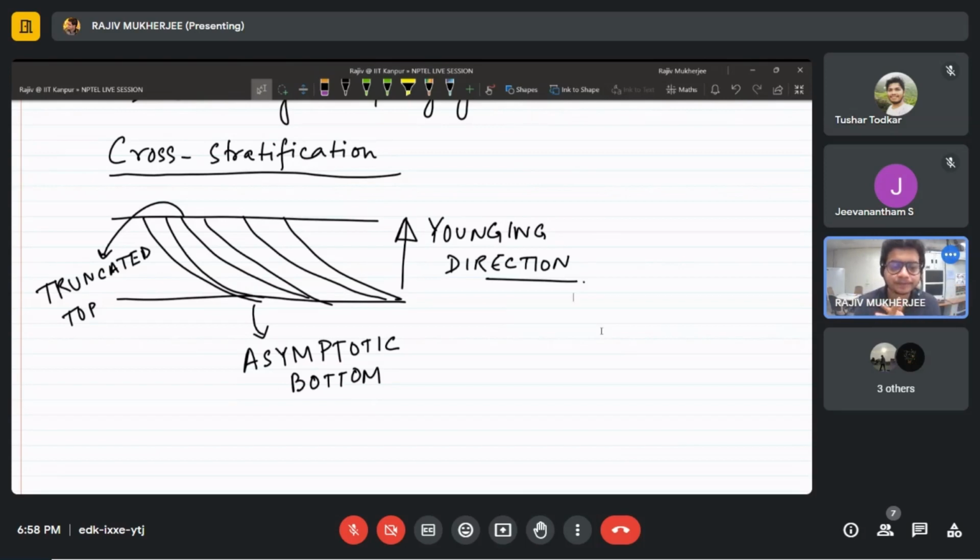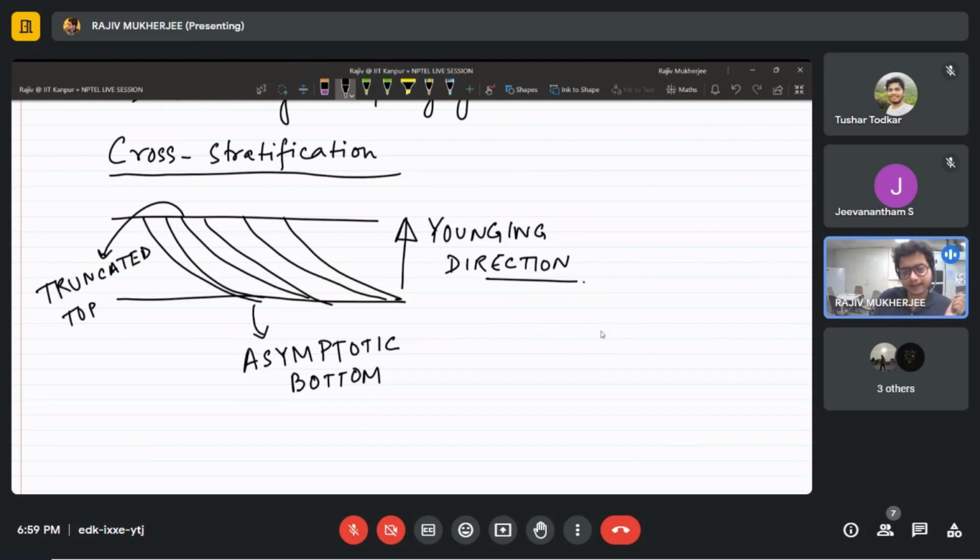Any guess? So if you observe an overturned fold, how would you identify on the outcrop scale whether this sequence is overturned or not? That is simply by observing the Younging direction.